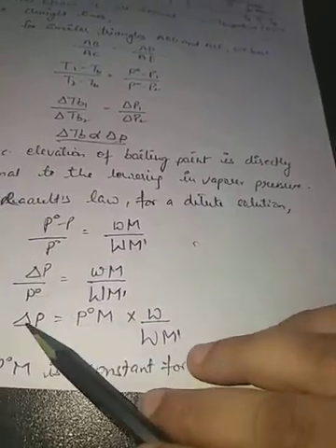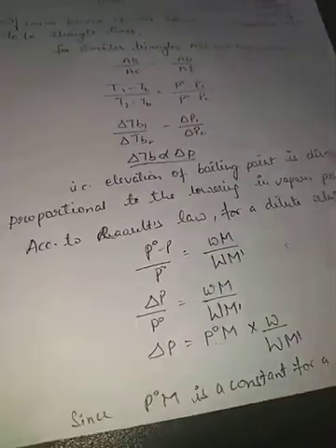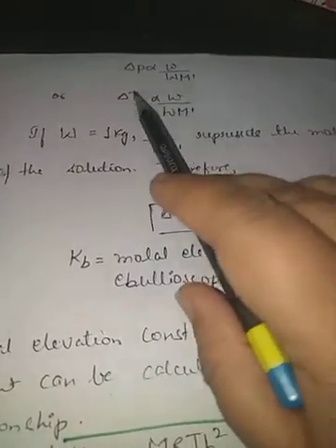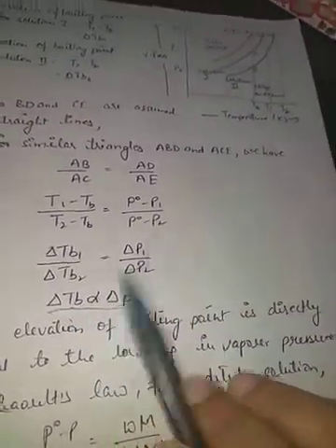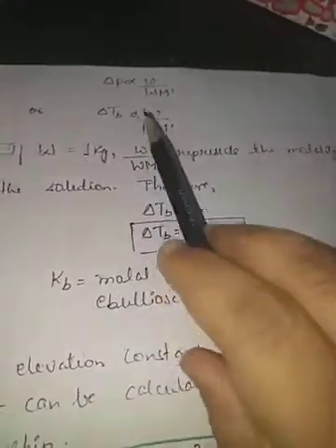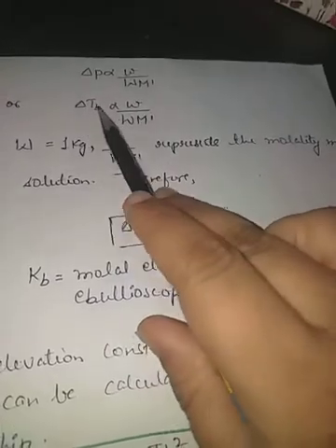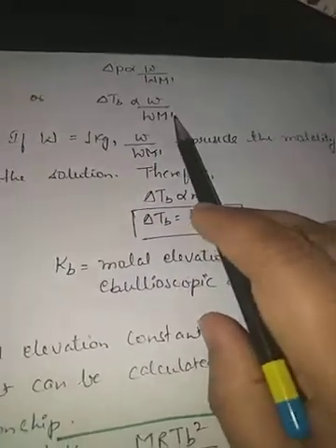So delta P is proportional to W upon Wm dash, and in that equation where we have done this, delta TB is proportional to delta P. So from there we can write delta TB is proportional to W upon Wm dash.